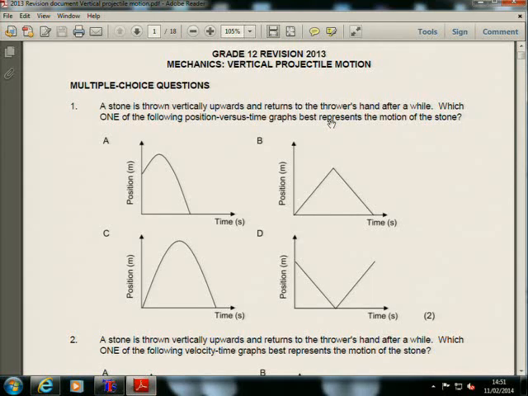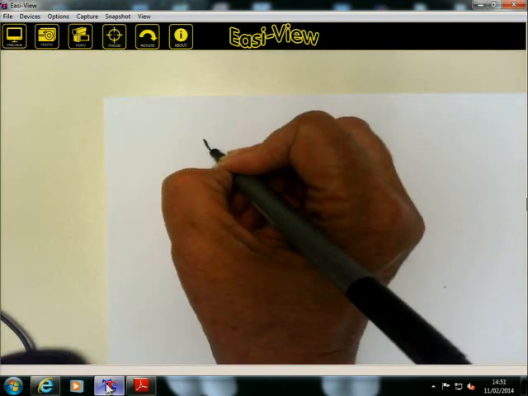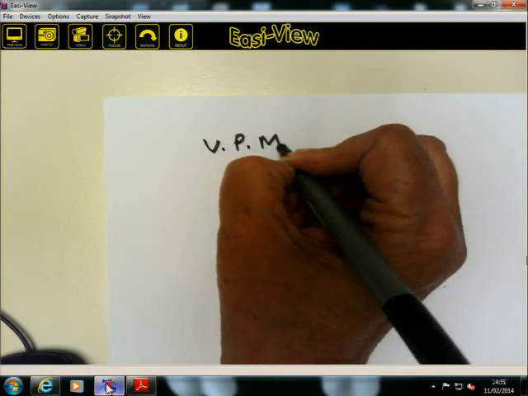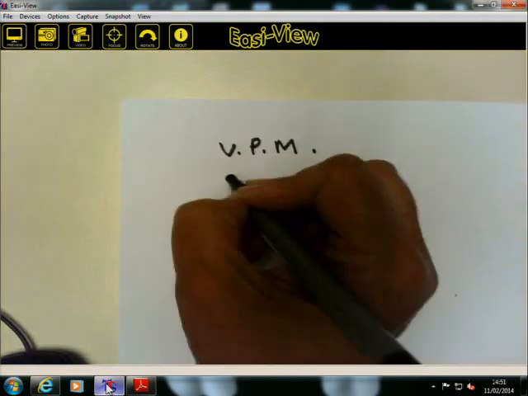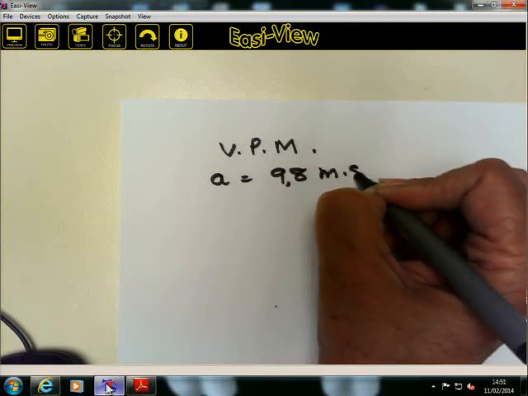Now, before you can answer that question, you need to remember a few things. Let's quickly remember from last week. You need to remember that whenever we're busy with vertical projectile motion, I'm just going to put VPM, vertical projectile motion, your acceleration is always 9.8 meters per second squared.